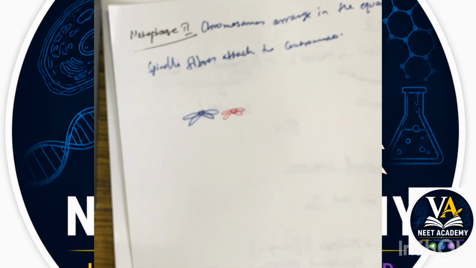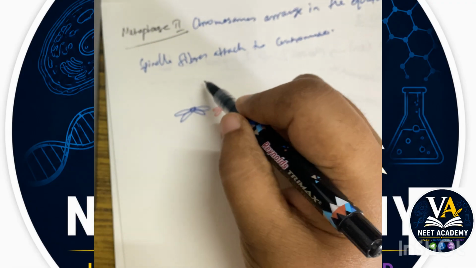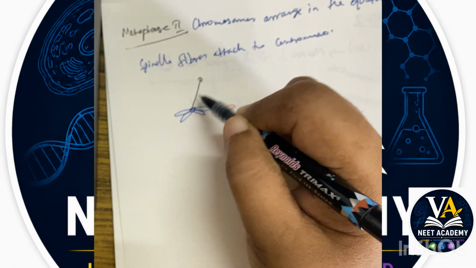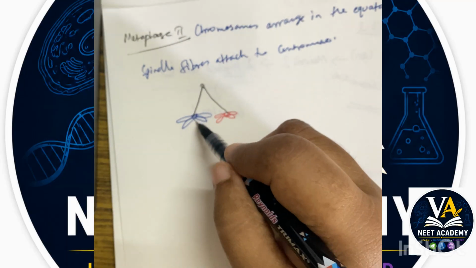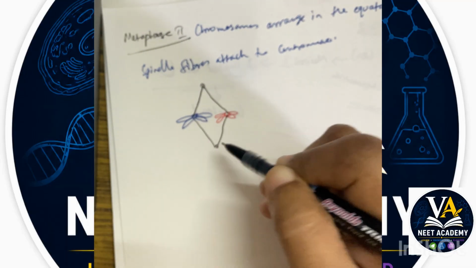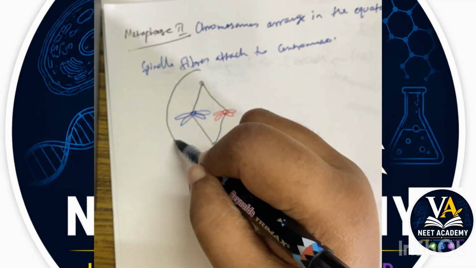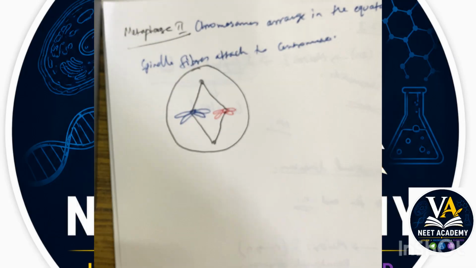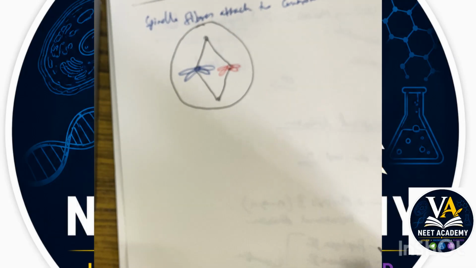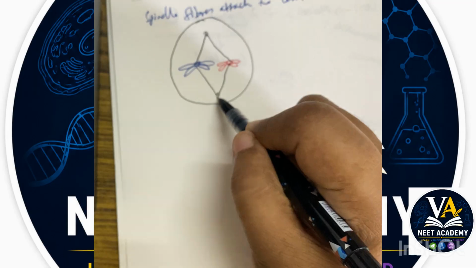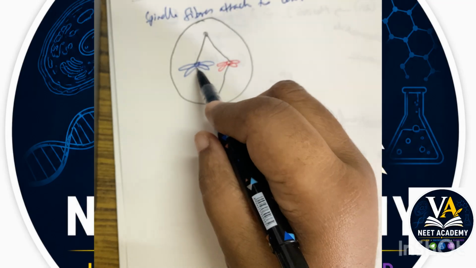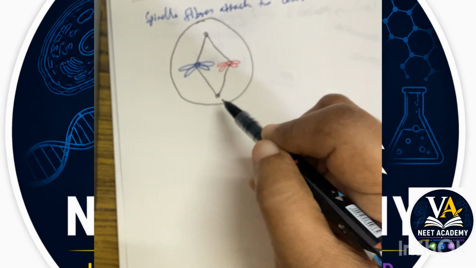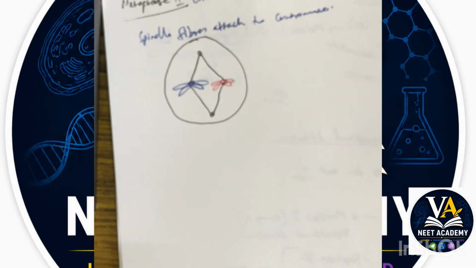These are the two chromosomes, and the spindle fibers attached to the centromere. The nuclear membrane has already disappeared and hence there is only the cell membrane. So these centromeres are attached to the spindle fibers now. This is metaphase II.